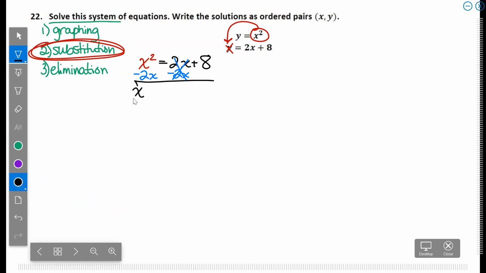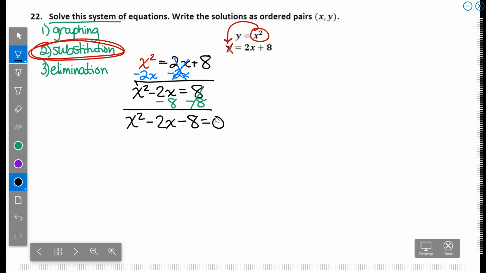So I have x squared minus 2x equals 8. Do I have it equal to 0 yet? What do I still need to do to get it equal to 0? Subtract 8 from both sides. X squared minus 2x minus 8 equals 0.